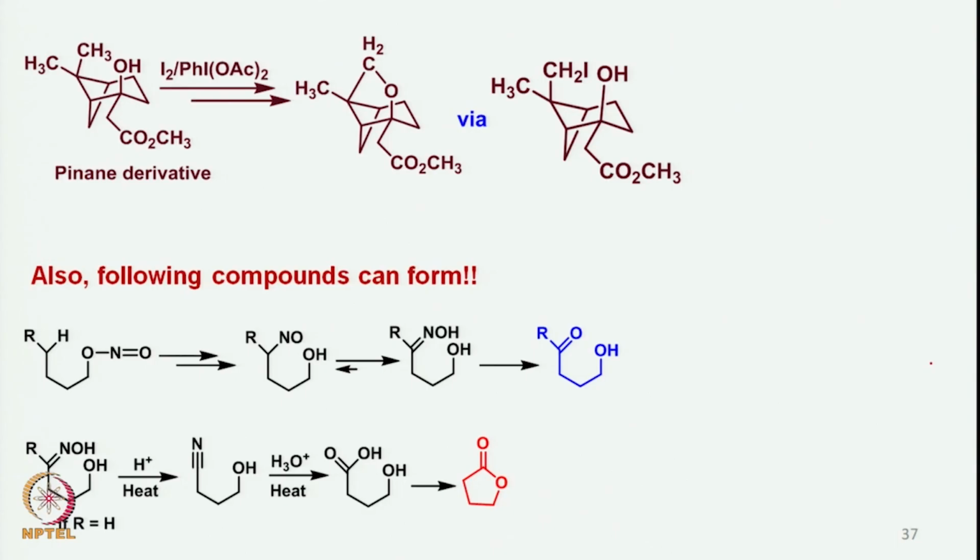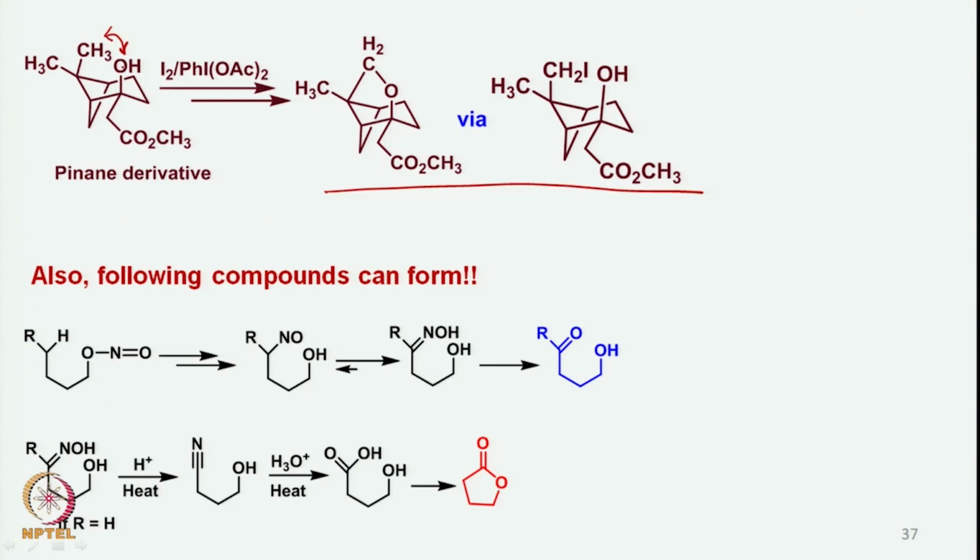Now, what can also happen is we can use some other reagent systems such as iodine and phenyl iododiacetate, and also have somewhat similar types of reactions as we discussed. As you can see from here, there is a proximity of the two particular centers.